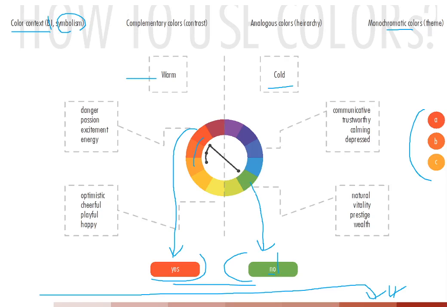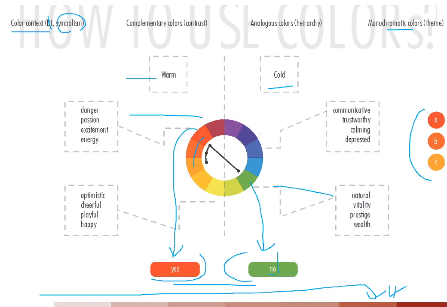Now let's see the color symbolism individually. For example, red color here shows danger, passion, excitement, and energy. Yellow color shows optimism, cheerfulness, playfulness, and happiness. Okay, from the cool colors, green color would symbolize nature, vitality, prestige, or wealth.